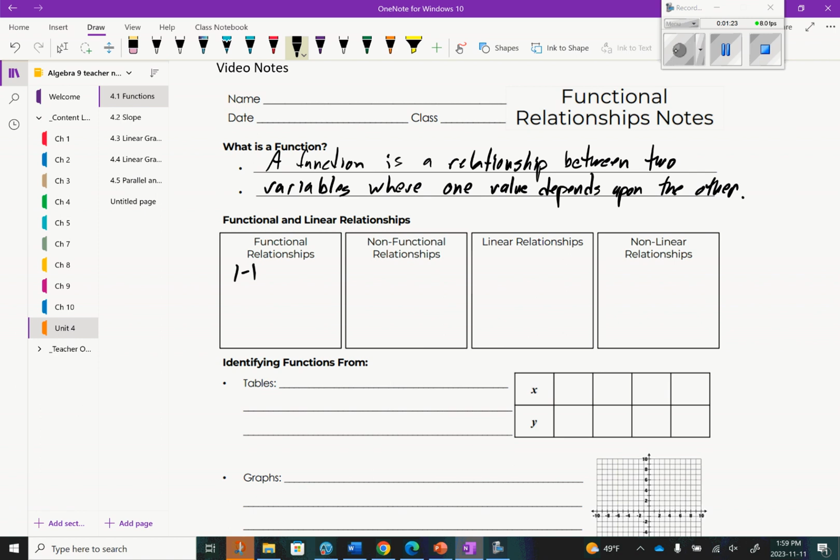A functional relationship is one-to-one. For one value of x, there's only one value for y.